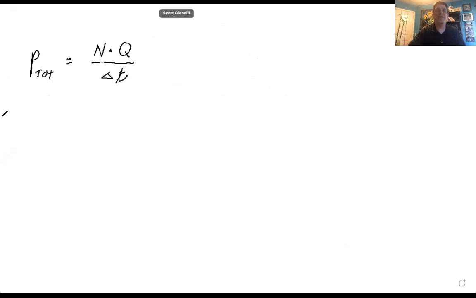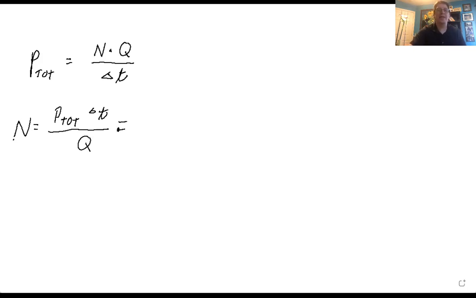So N, the total number of fissions, is equal to the total power times delta T divided by Q. Now, if power is in watts and delta T is in seconds, the numerator is in joules. We're going to want to make the denominator in joules as well.